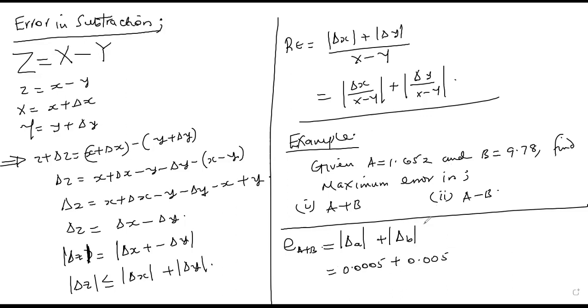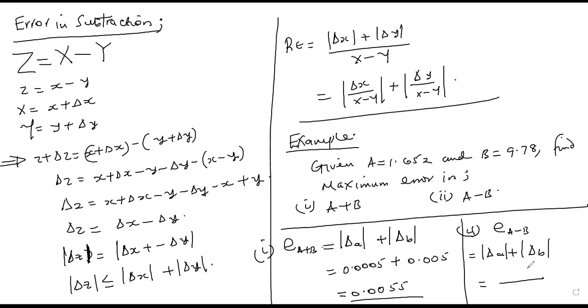You count the number of decimal places, then you add a 5. So it would be 0.0055. In A minus B, still the same because they are the same. We propagate them the same way. So error in A minus B is still going to be equal to error in A plus the one in B, since we've seen that they are the same. So still the same thing and the same working.